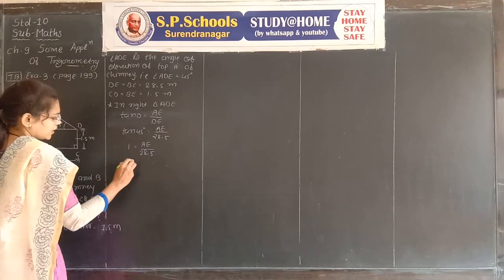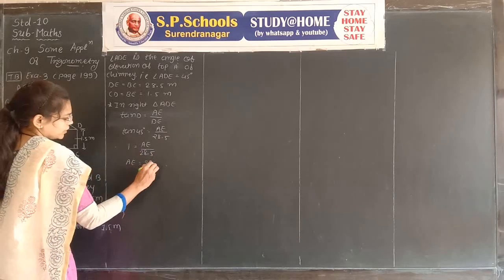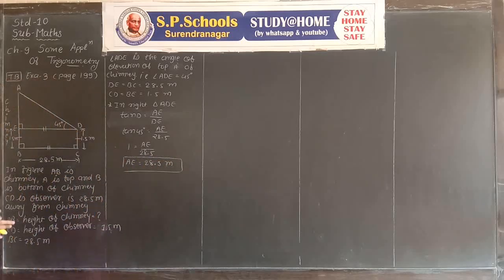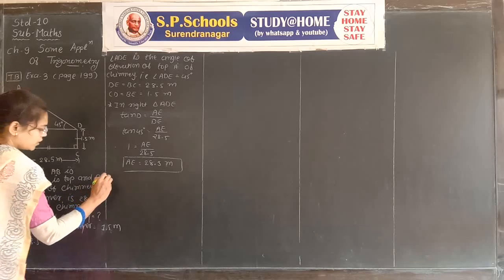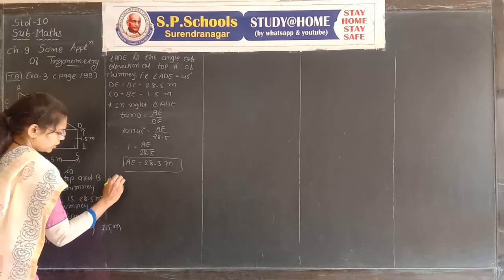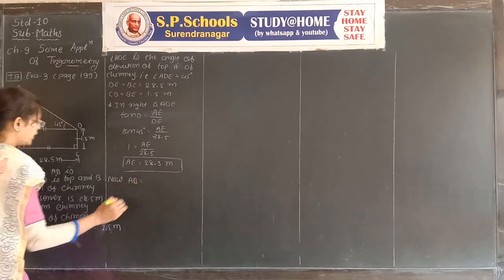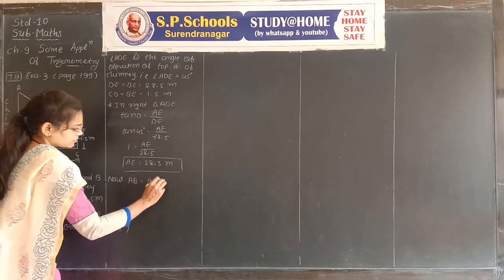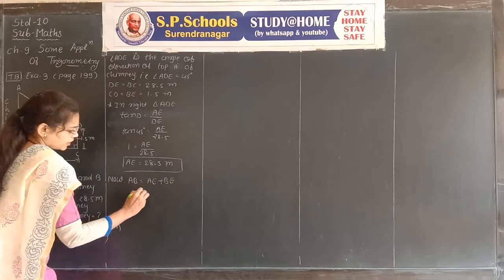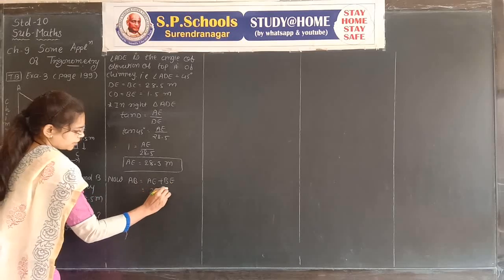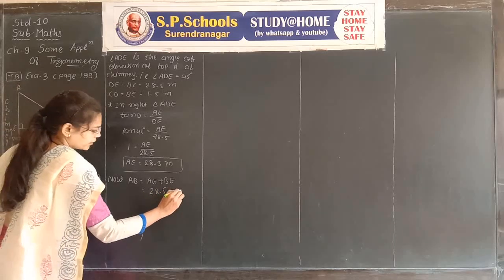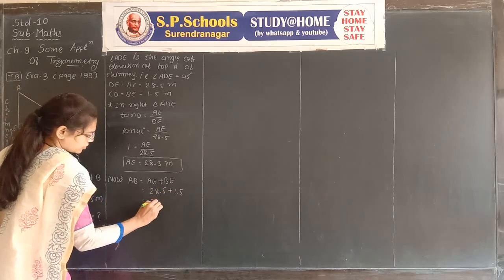That's why AE is equal to 28.5 meter. But we do not need to find AE. We require the height of chimney AB. Now AB is the addition of AE plus BE, where AE is equal to 28.5 and BE is equal to 1.5, which is 30 meter.